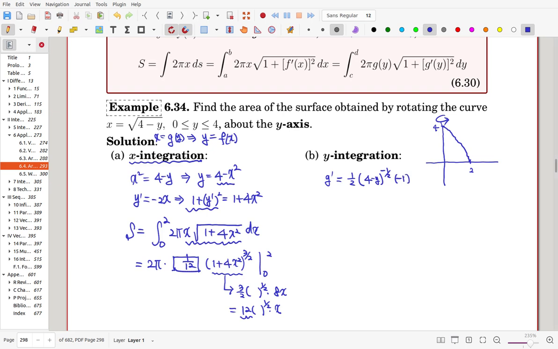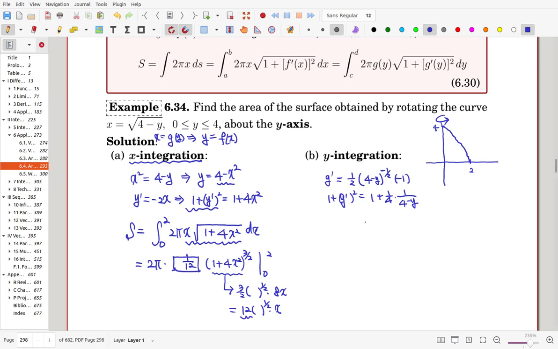Right? So if we are trying to get 1 plus g prime squared, that is the same as 1 plus 1/4, and on the bottom that's squared, so that is the same as 1 over 4 minus y. Right?